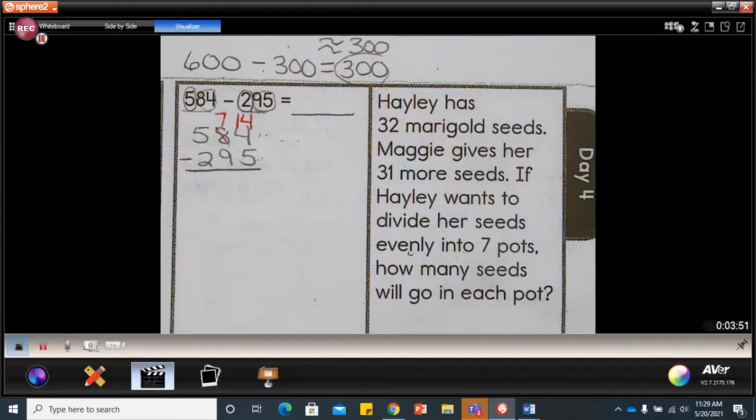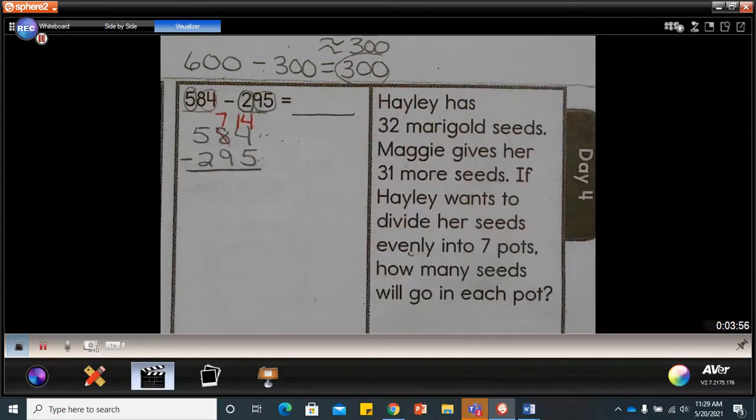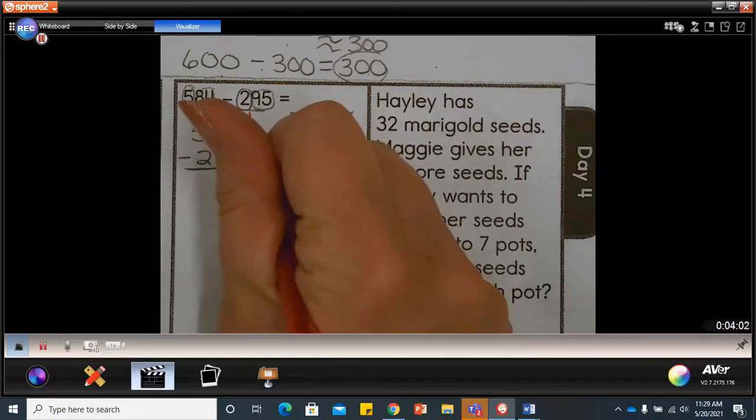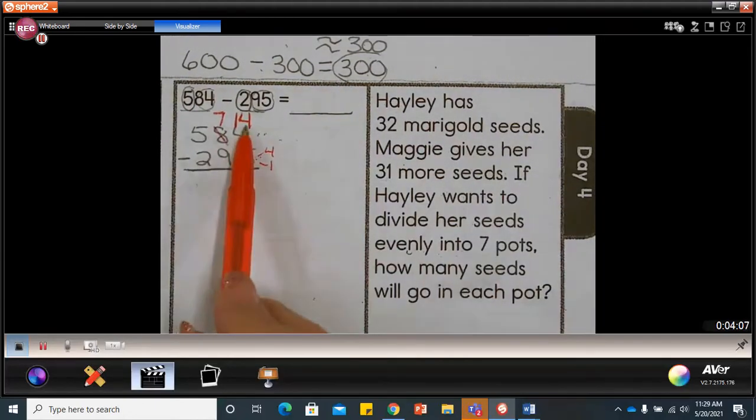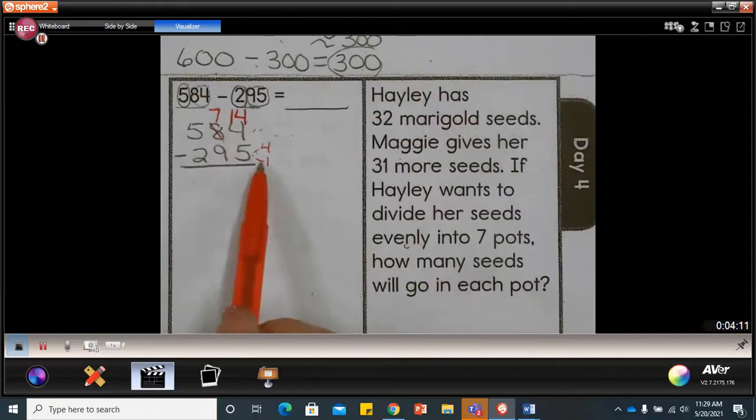Now I can subtract 5 from 14. How do I know what 14 minus 5 is? I could subtract 4 and then one more. If I subtract 4 from 14, that would be 10, and then one more would be 9.